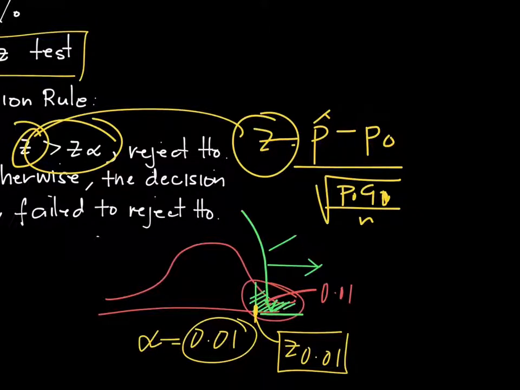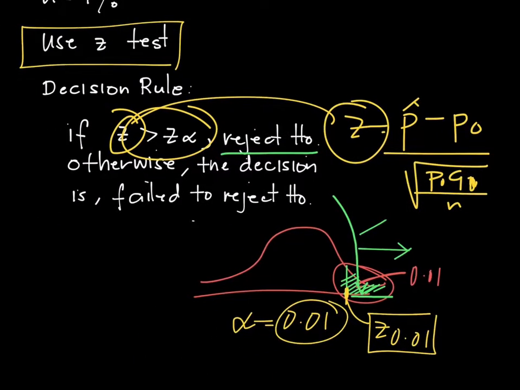If that happens, the decision is to reject the null hypothesis. Otherwise, if the number falls outside the critical region, meaning any number lower than z of 0.01, then the decision must be fail to reject H0.